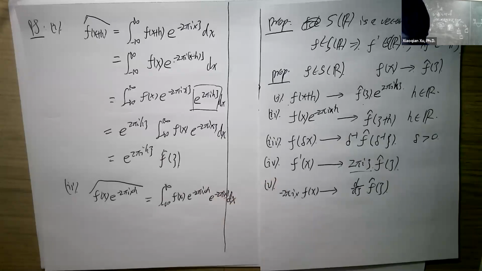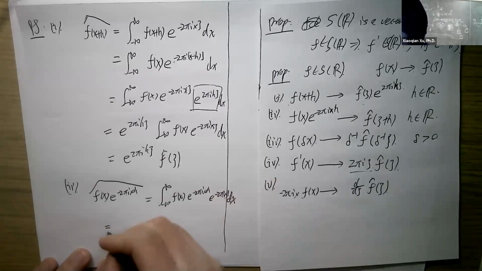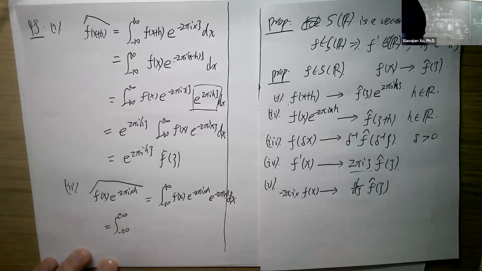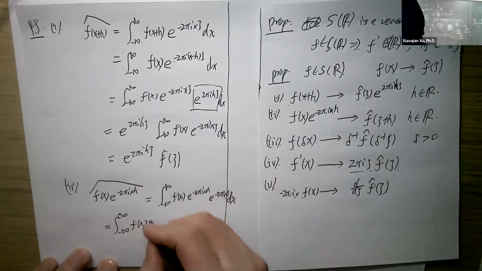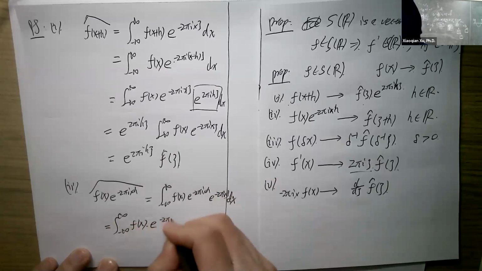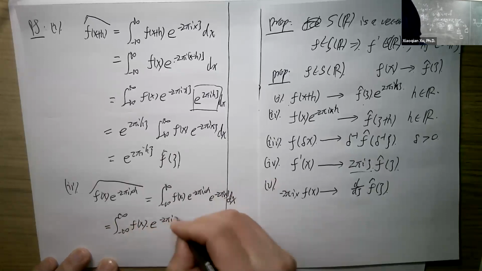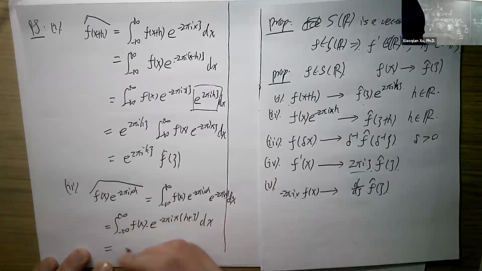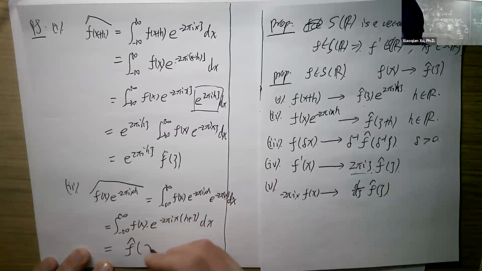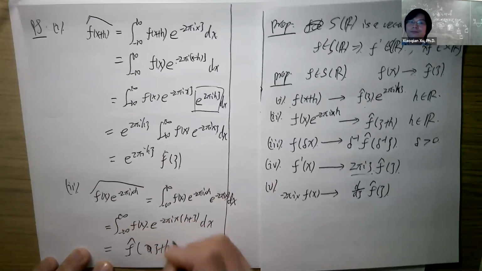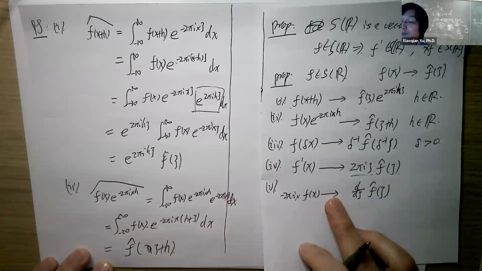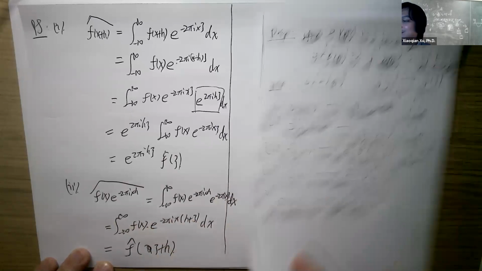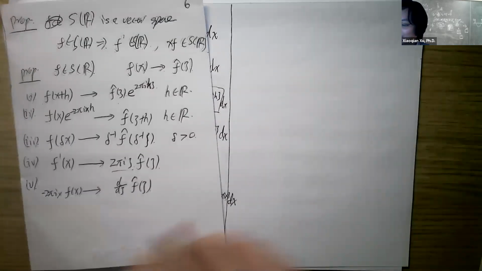Okay, and this will be the integral from minus infinity to infinity of f(x) e to the minus 2 pi i x times (h plus c) dx. So it's f hat of c plus h. Okay, so you don't do anything, just this kind of calculation.